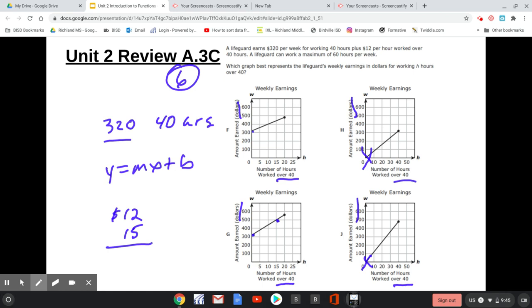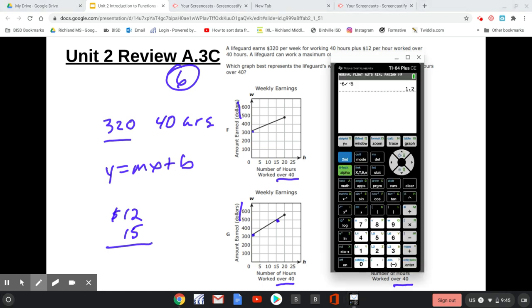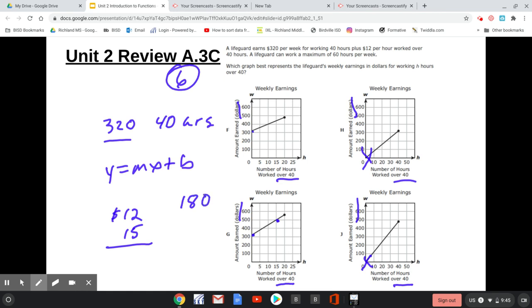Calculator. And we have 12 times 15. Whoops, 12 times 15. Enter. And that gives us 180. And he already earned 320. That would give us 500.